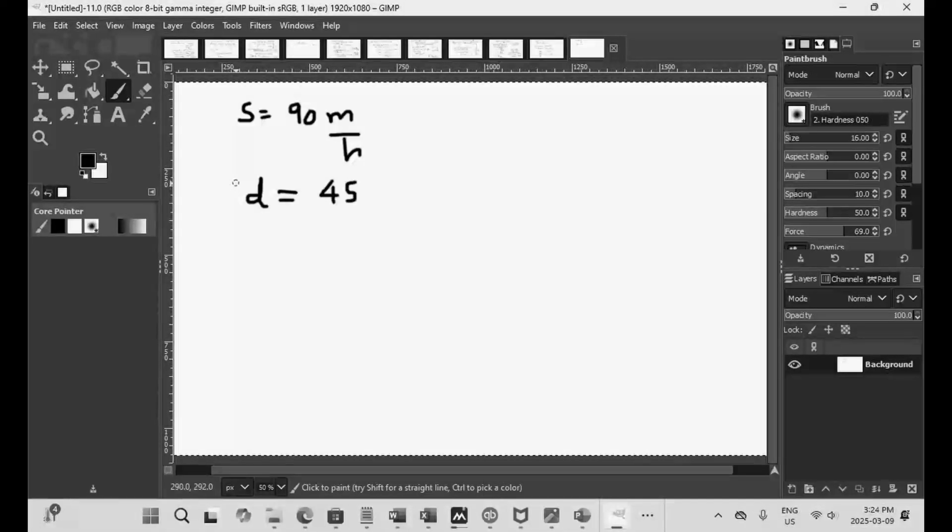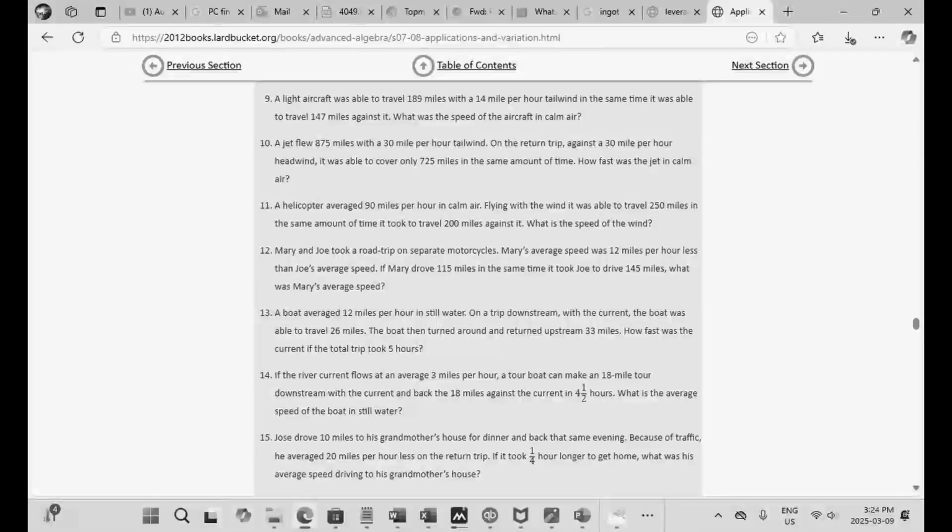This is your total distance, 450 miles. Now, we need to figure out the speed of the wind.